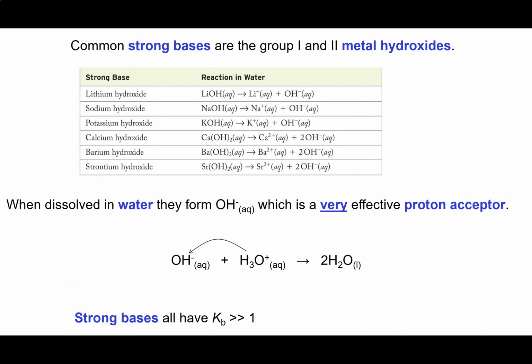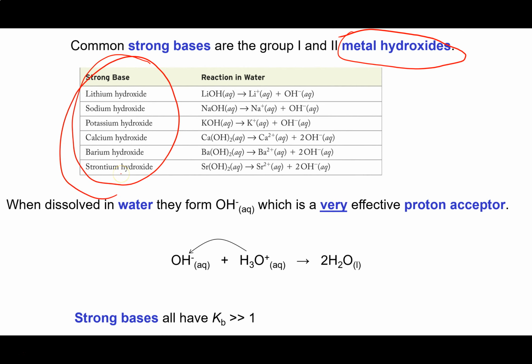Okay, so what are your strong bases? They tend to be your soluble metal hydroxides, and these are most metal hydroxides except for those in group 1 and some in group 2 tend to be insoluble. So your common strong bases tend to be soluble metal hydroxides. How do they function?